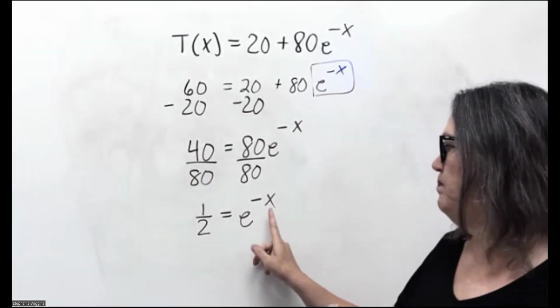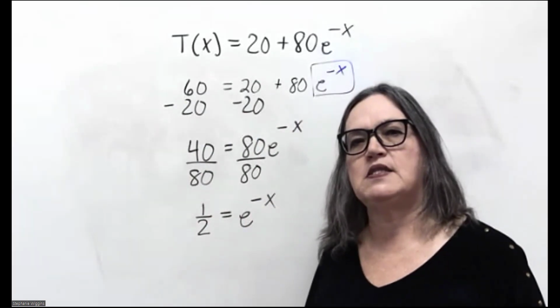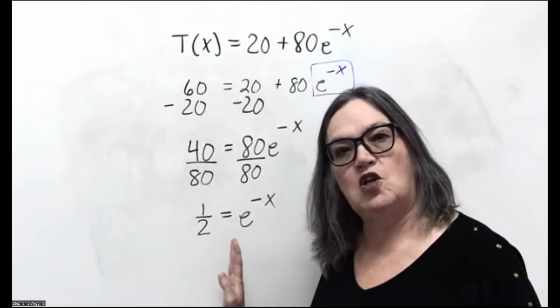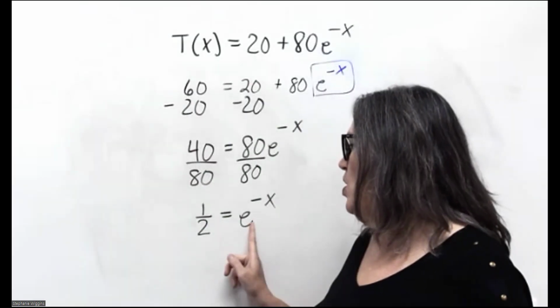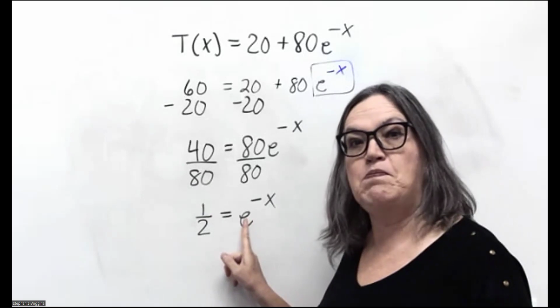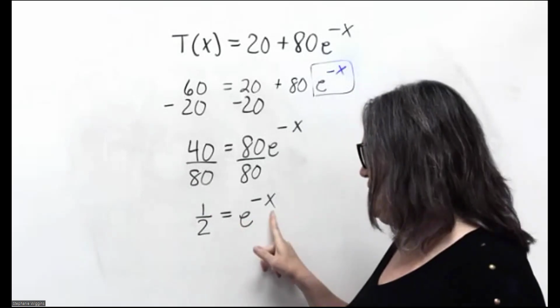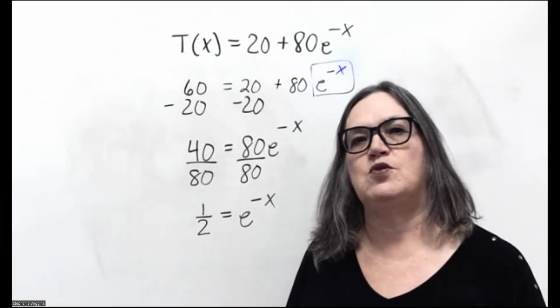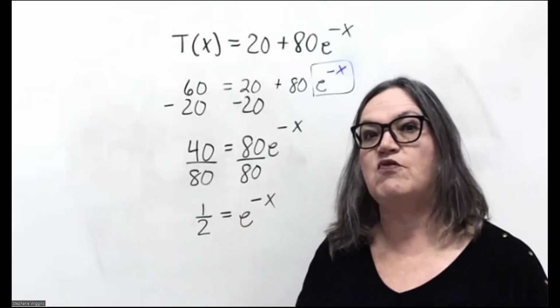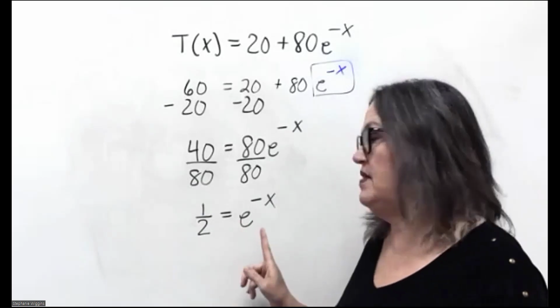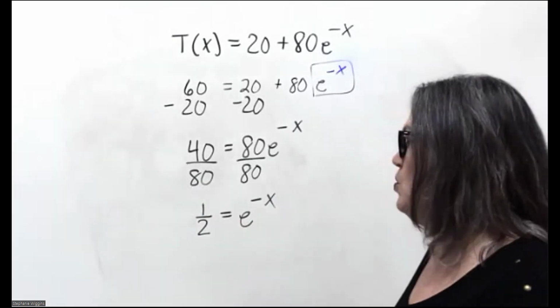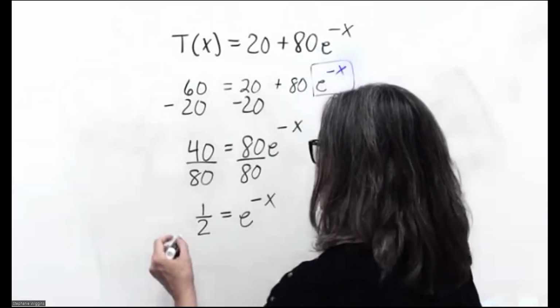So how do we solve this? Well, it's not as hard as it looks. Notice that this is an e base e. So to undo what that is doing to the negative x up there, we're going to take the natural log, which is the inverse function of this exponential function. So we're going to take the natural log of both sides.